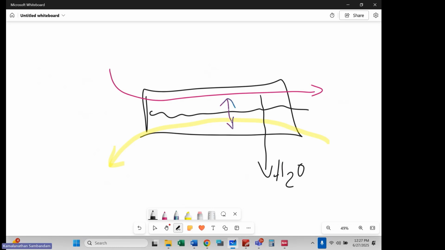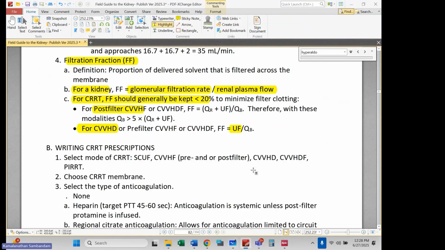And so that is causing hemoconcentration. By the time I sample blood here, the hematocrit may be slightly elevated based on how much fluid I'm removing from the patient. And so for hemodialysis, filtration fraction is simply what is my ultrafiltration rate over blood flow rate.